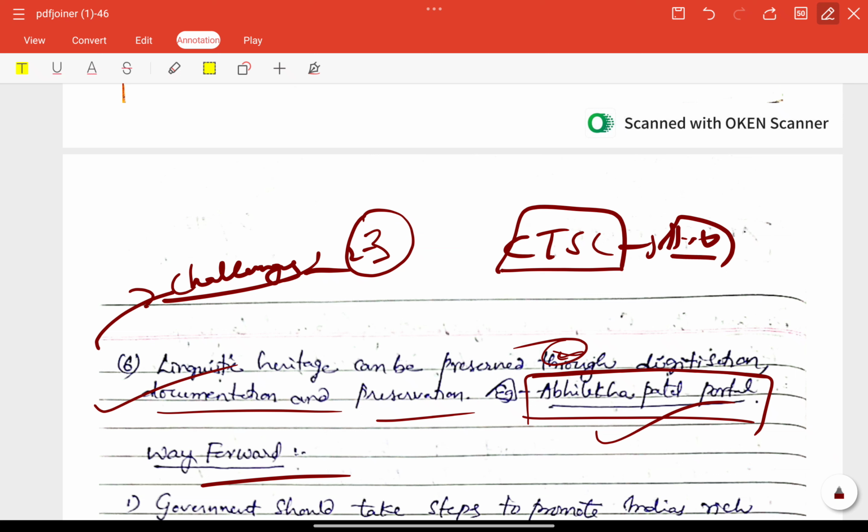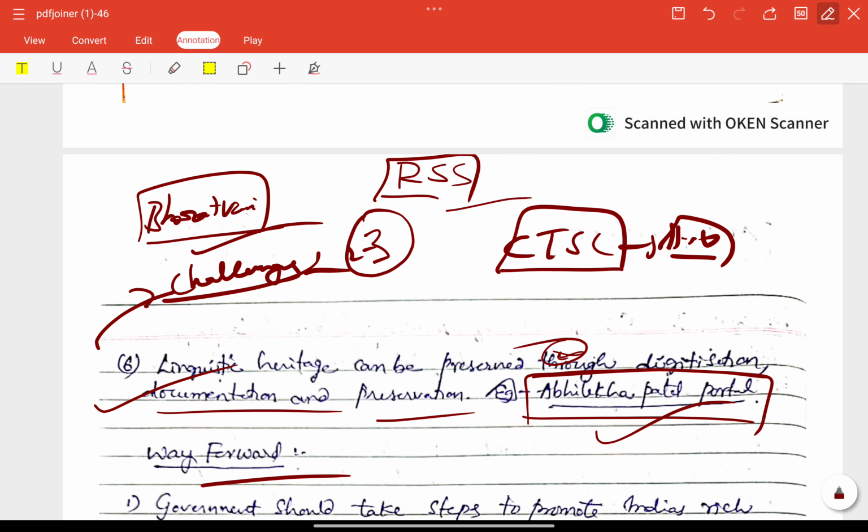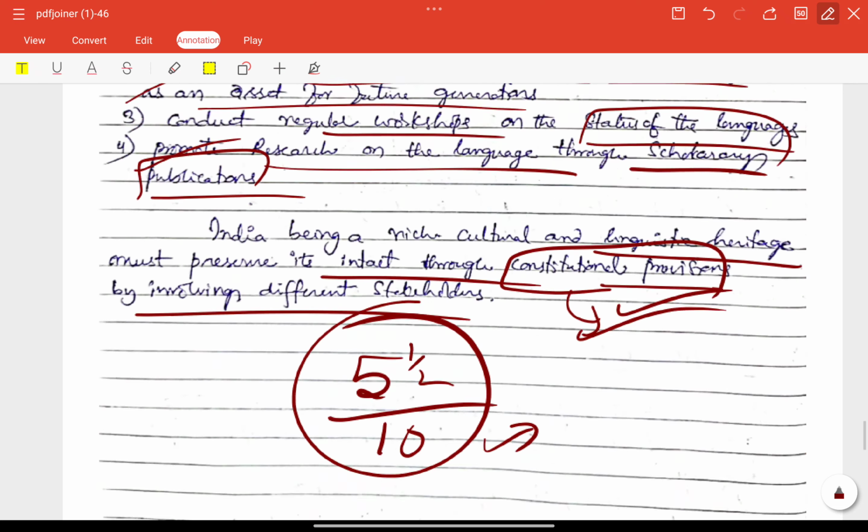We can connect these types of issues here. Other than that, regarding Sanskrit, we have the Rashtriya Sanskrit Sansthan, right? These types of examples. Otherwise, we also have the Bharatvani project. The Bharatvani project is also very important, right? So these types of important keywords can be included here, right?